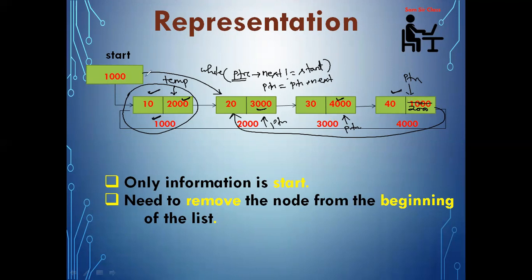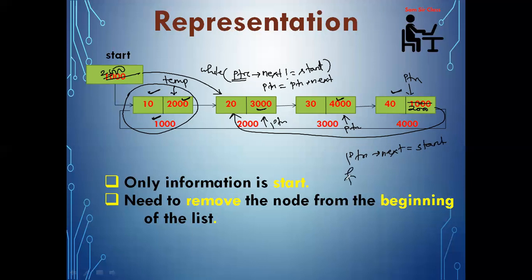Okay, now what I'll do: start equal to start next, so that start will currently point to 2000. Okay, and then I need to update this one. What I'll write: now ptr next equal to start, so that ptr will point to 2000.